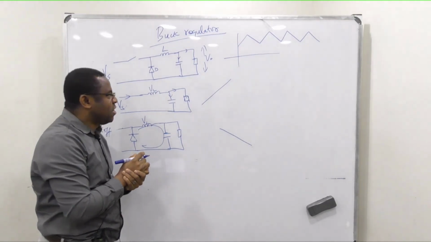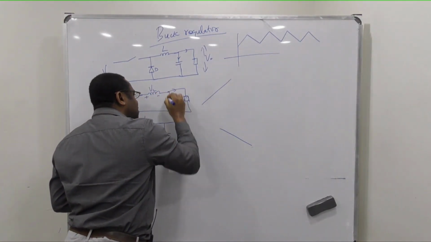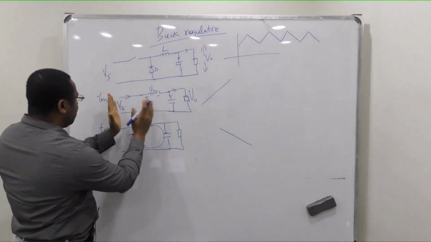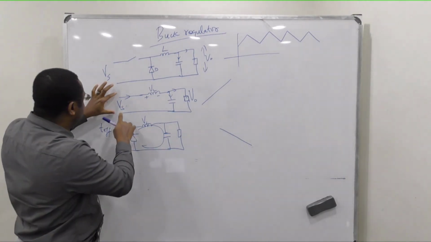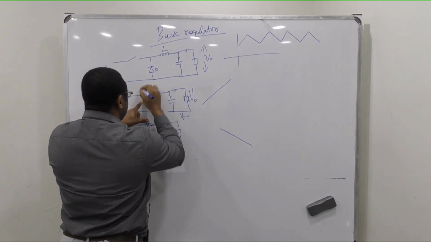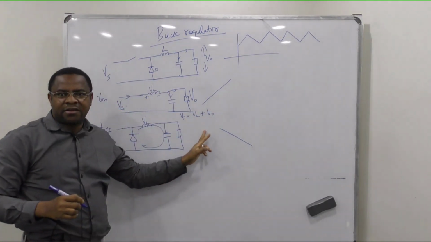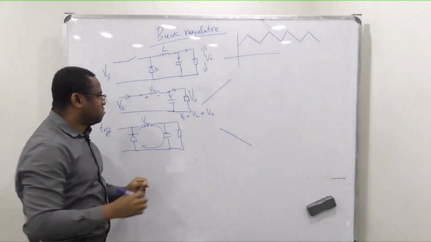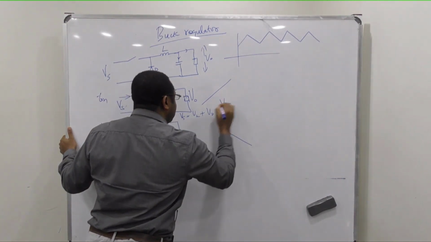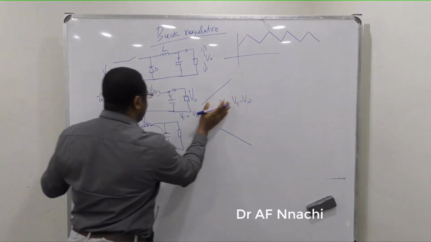And this is your output voltage, your VO. If I use Kirchhoff's law, Vs is the same thing as VL plus VO. So it means that at time on, VL is the same thing as Vs minus VO.